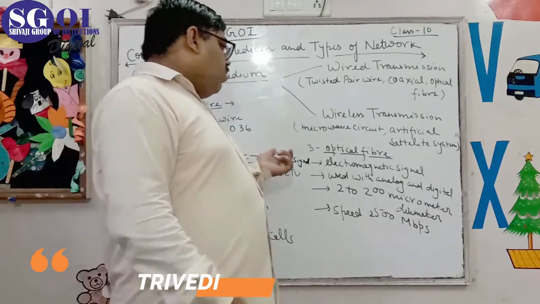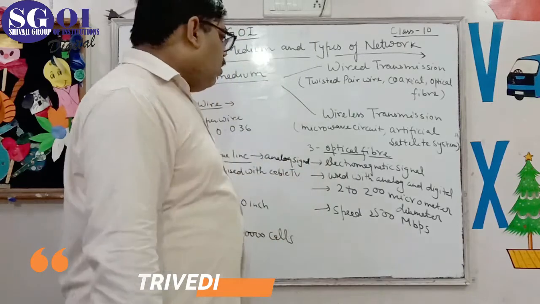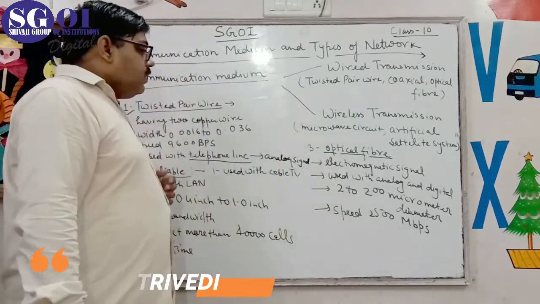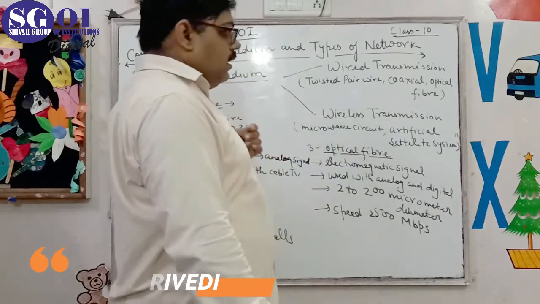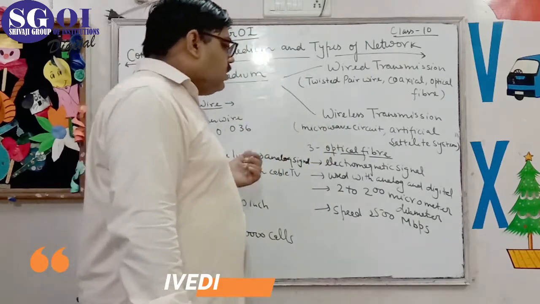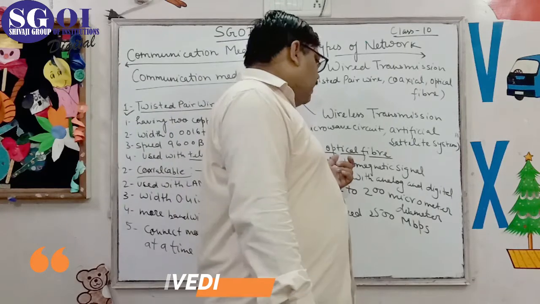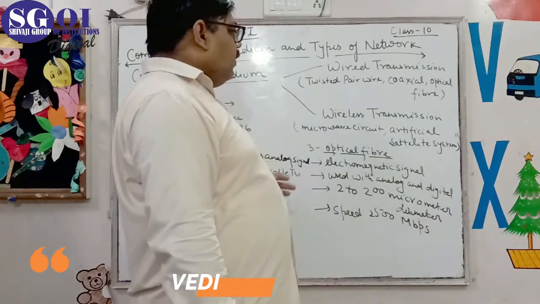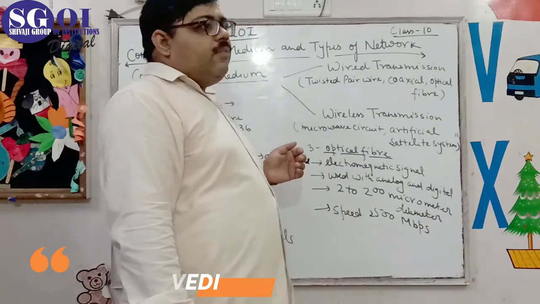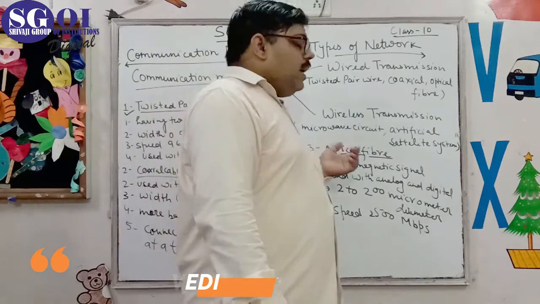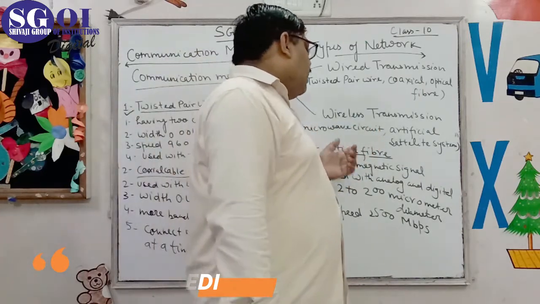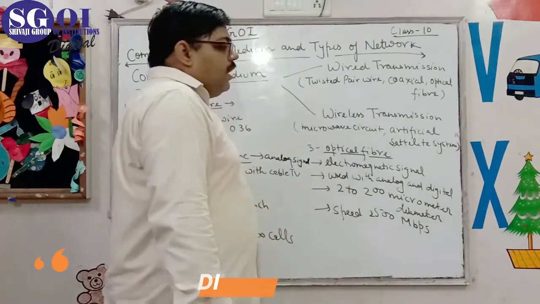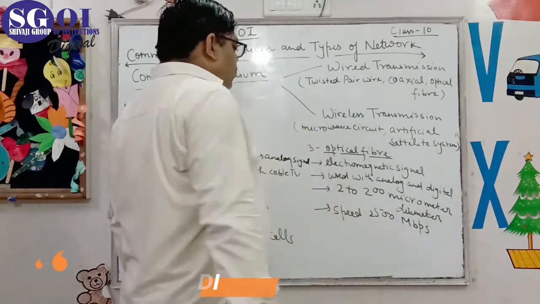Firstly, we use an electromagnetic signal, and a device changes the electromagnetic signal into an optical signal. Then the optical signal flows through the wires. In optical fiber there are thousands of wires, a bunch of wires, and there is a single wire where the data can move in the form of light signals.